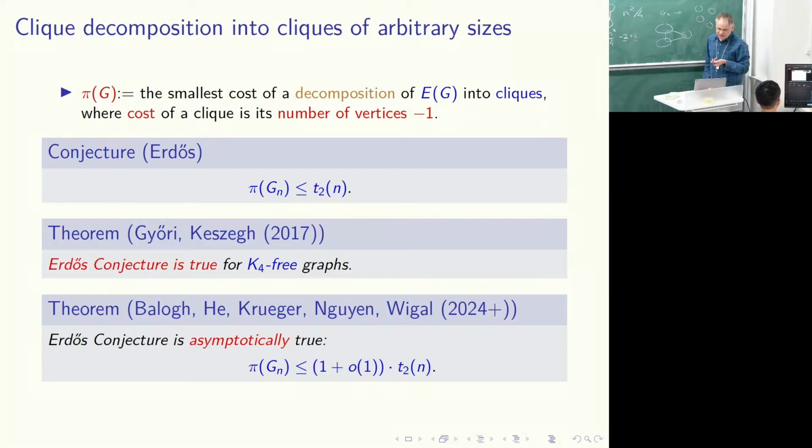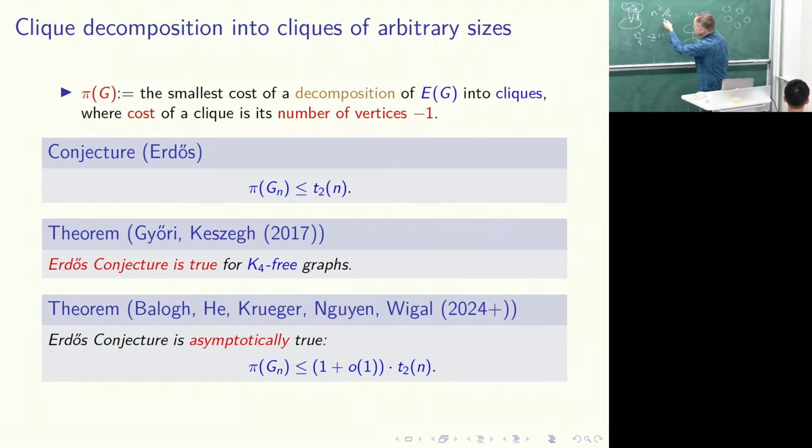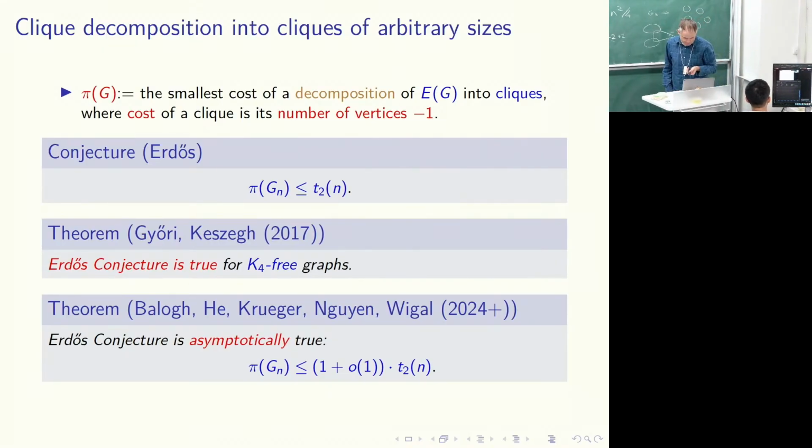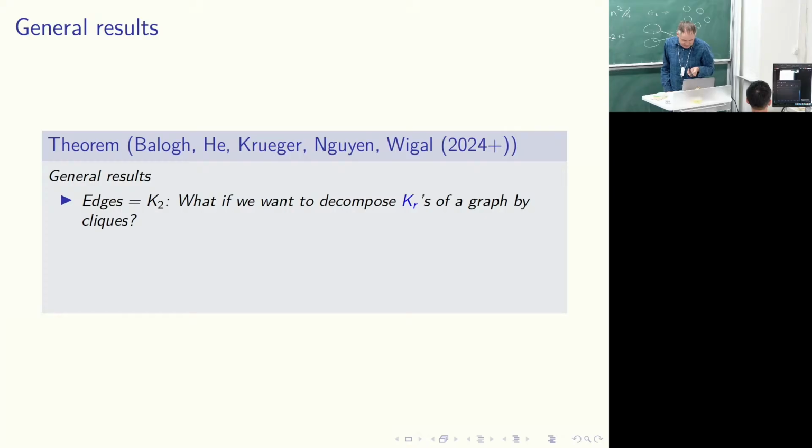And the other main result of the lecture: together with four others, we asymptotically prove the Erdős conjecture. It means that we didn't prove n²/4, but with a factor of 1 + o(1). So in the rest of the lecture I will talk about related problems and some of the ideas of the proof of the result.